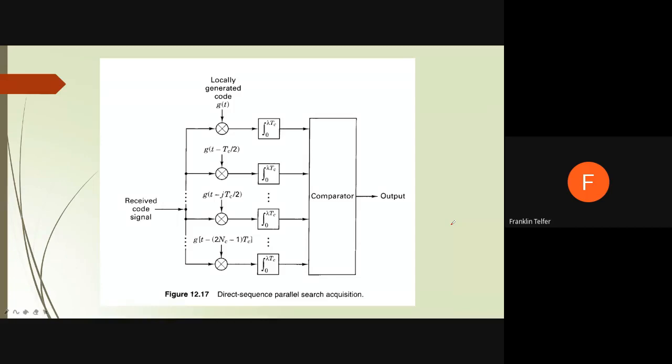If the time uncertainty between the local code and the received code is Nc chips, there is a local code being generated and the received code, and you are going to compare them together. Altogether you get Nc chips, and the complete parallel search covers the entire time region and accomplishes a single search time.